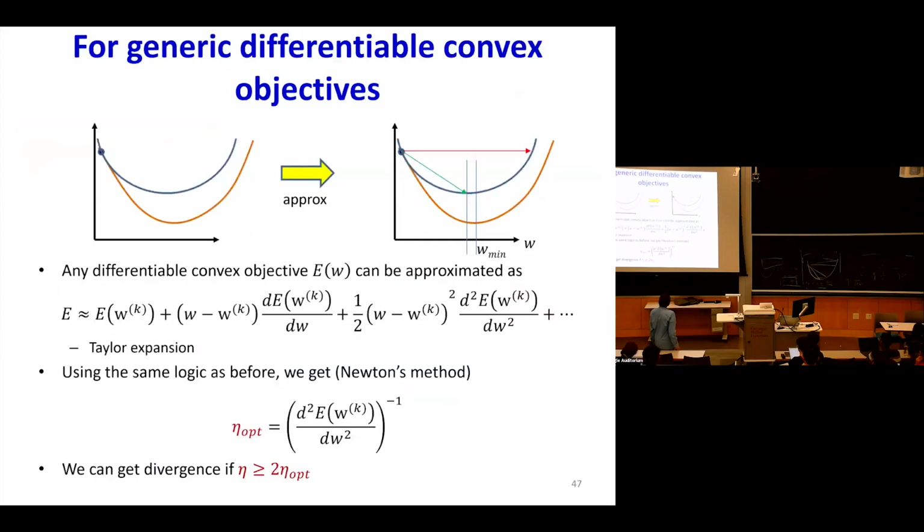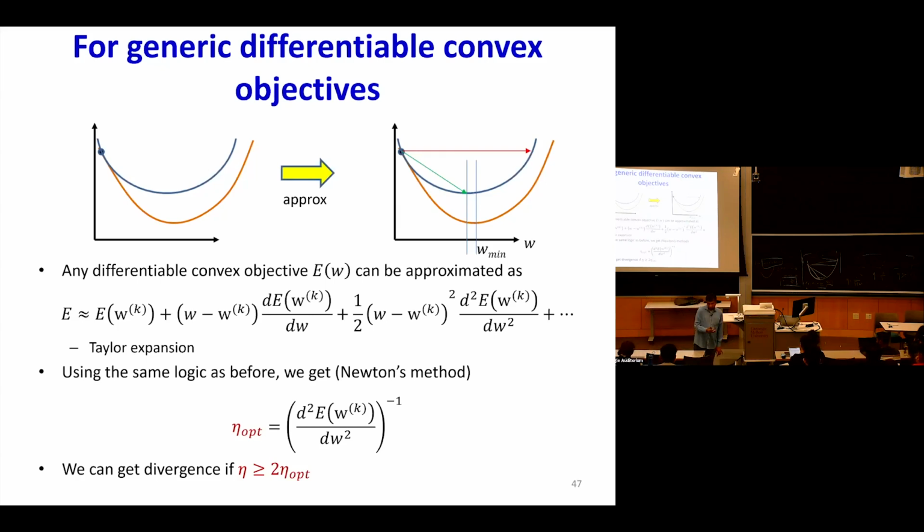Now, for a generic differentiable convex function, it's not going to be quadratic, it's going to be some other shape. But then I can always write a Taylor series approximation of that kind and truncate it after 2 terms. So basically this is the famous Newton's method. You're taking a second order Taylor series approximation, and then at each point you can make a quadratic approximation and go to the optimum in a single step.